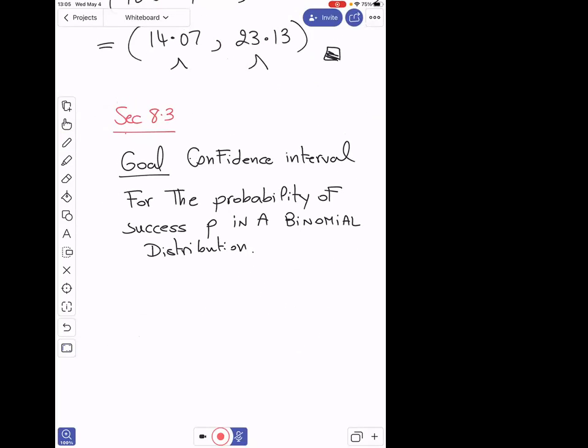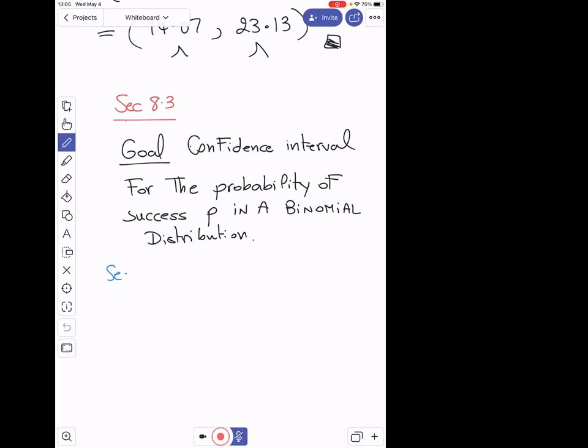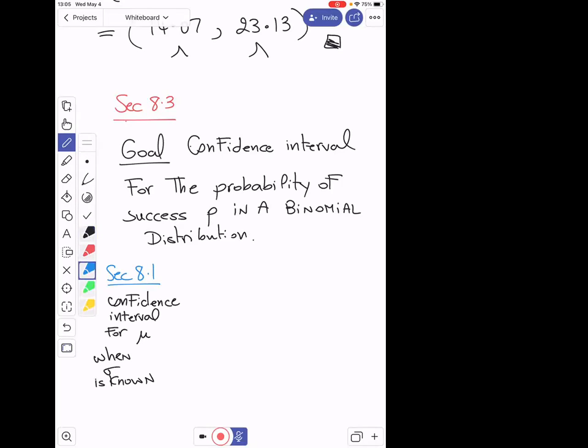All right, so again, 8.1 is where we find a confidence interval for mu when sigma is known. In 8.2, we found the confidence interval again for mu, the population mean, when sigma is unknown.